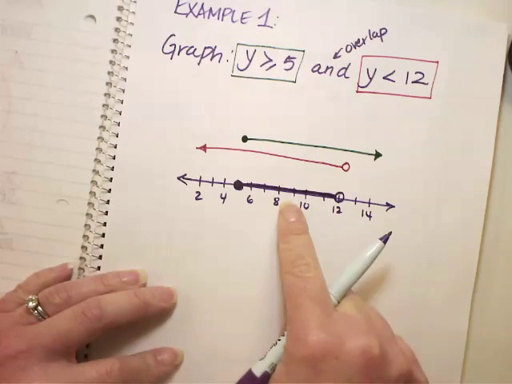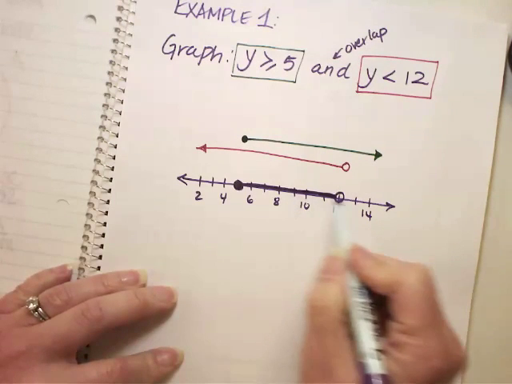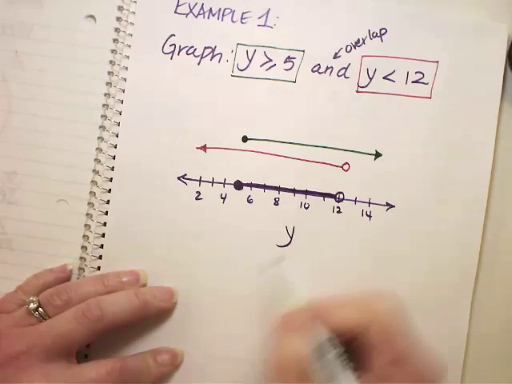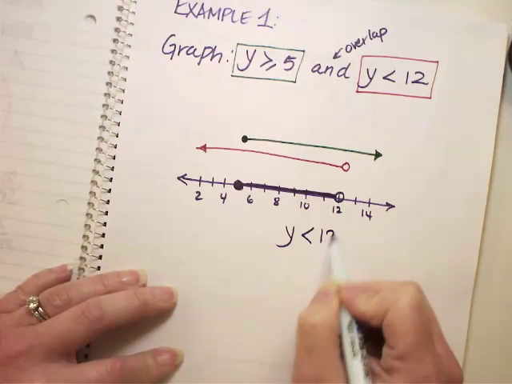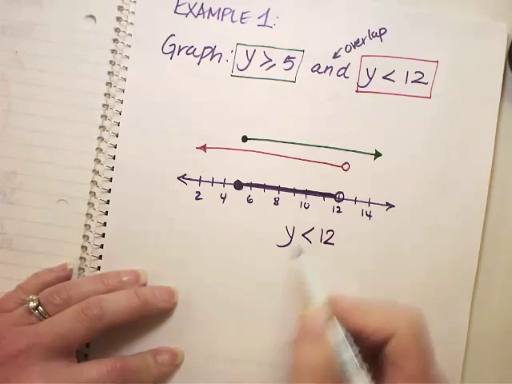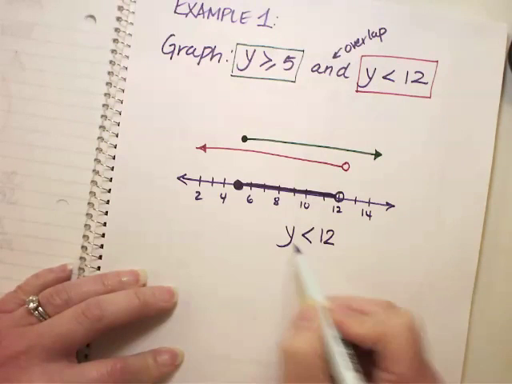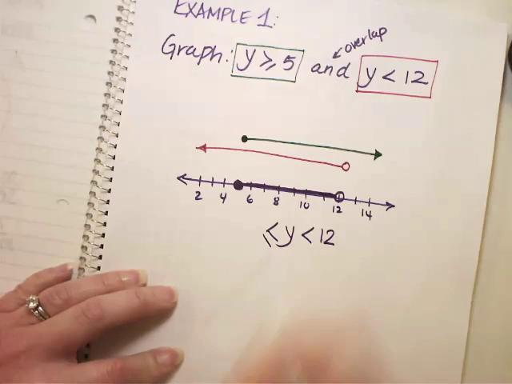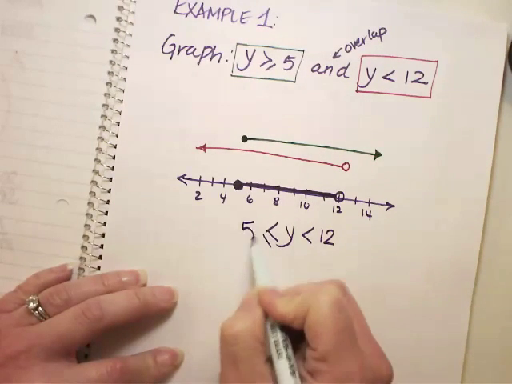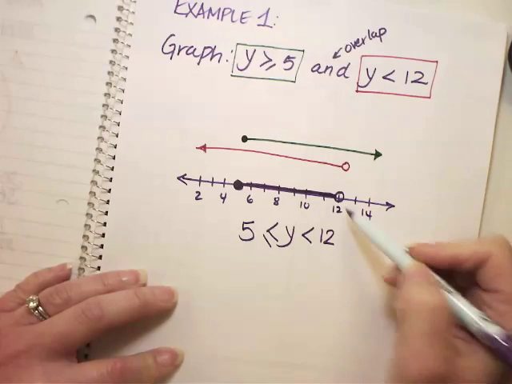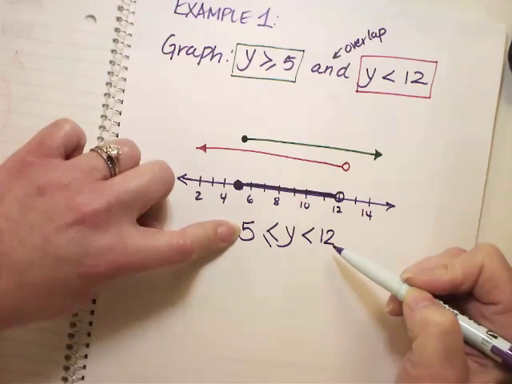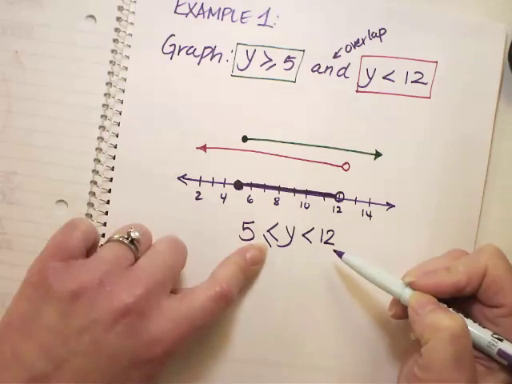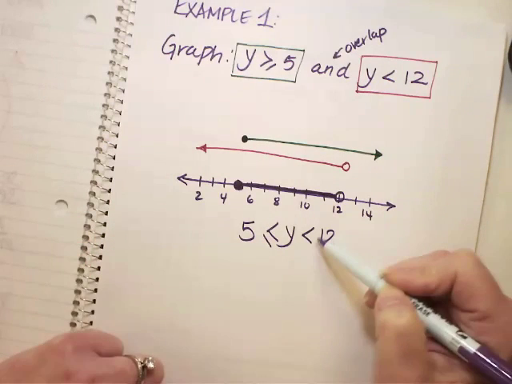I'm using the variable y, so all these shaded numbers represent y. Y is less than 12 because it's not equal to it, but y is also greater than or equal to 5 because 5 is my other endpoint. So you'll notice 12 is on this side, 5 is on this side. This side is closed, so this is a closed sign. This is an open sign.